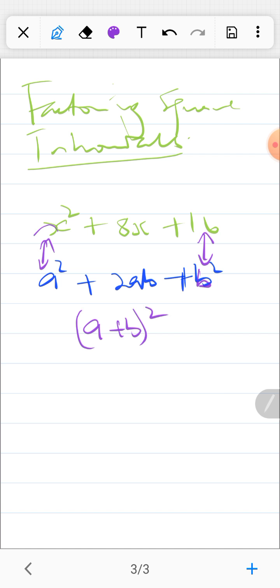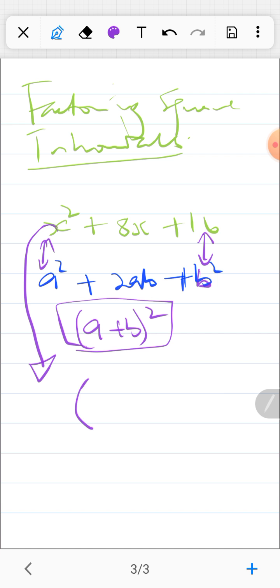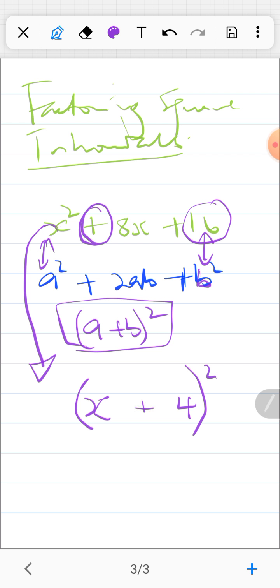I'm simply going to take the square root of the first term, which is x, and the square root of 16 is 4, all squared. The only thing that's left is to figure out the sign in the middle. I just look at the sign of the middle term of this expression, and that's a plus. So I've factorized that expression.